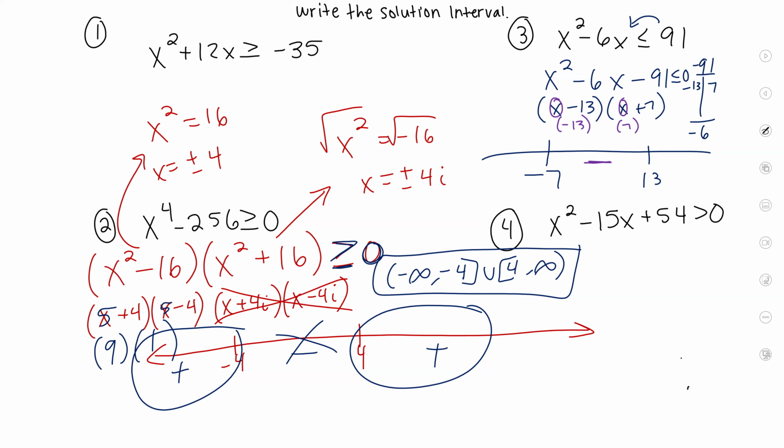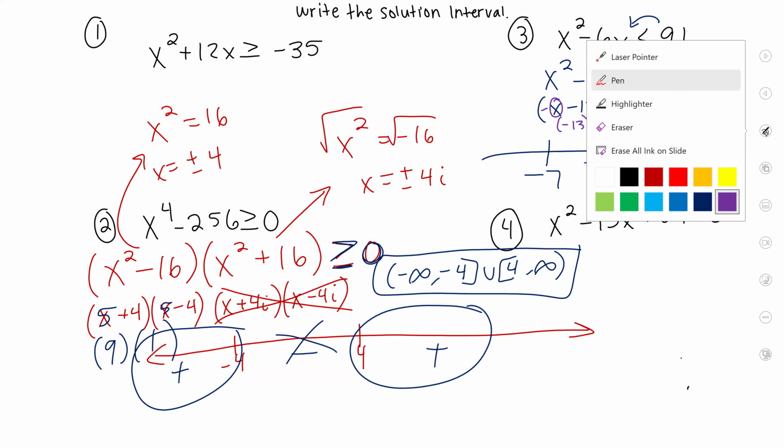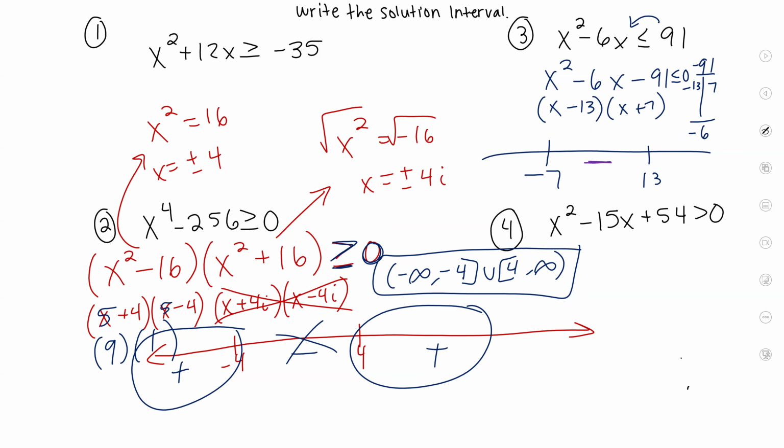So we know we want this interval. Let's plug in -8. If I plug in a -8 and a -8, won't I get two negatives? So that would be positive. We don't want this side then.